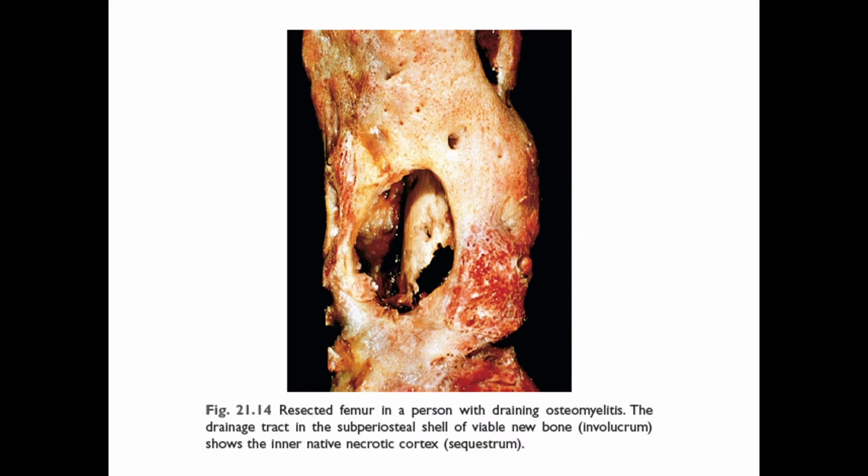The drainage tract in the subperiosteal shell of a viable newborn involucrum. هذا النيوبورن اللي تشوفوه، هذا الشيل اللي واقع بالحفرة، اللي منتصف الحفرة، هو يعني تكوين البون الجديد. Shows the inner native necrotic cortex السكوسترم، والسكوسترم أيضا موجود inside the necrotic bone موجود inside the same focus.